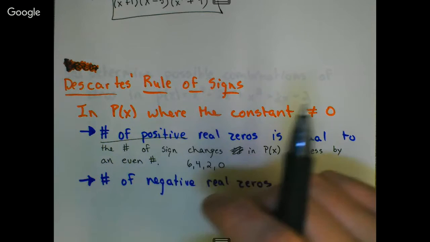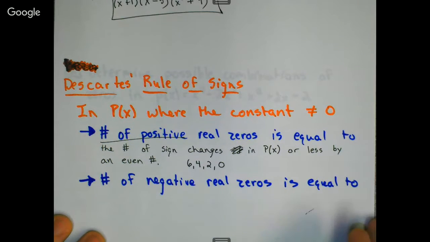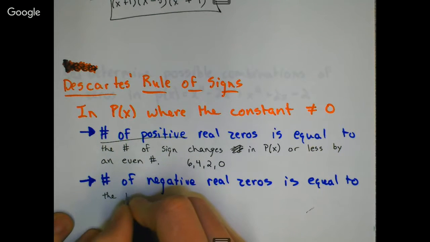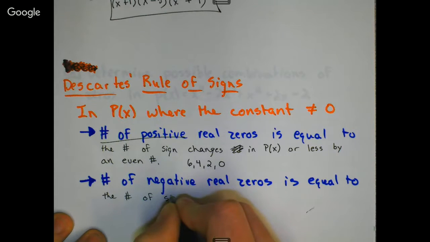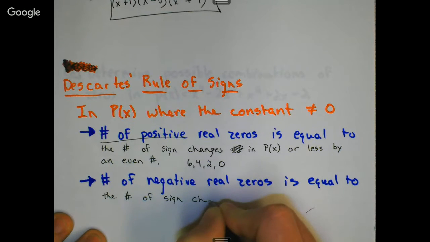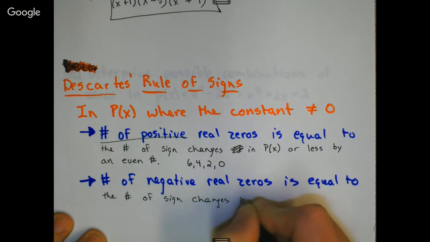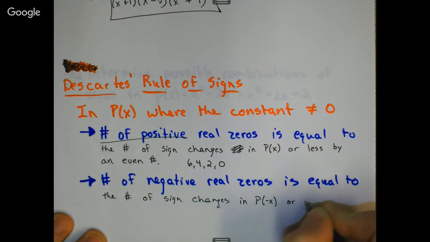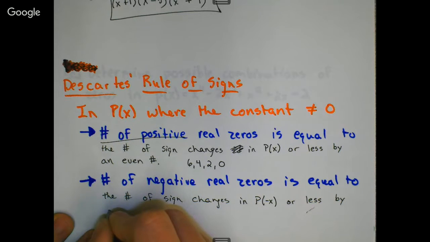The number of negative real zeros is equal to the number of sign changes in P of minus x, or less by an even number.